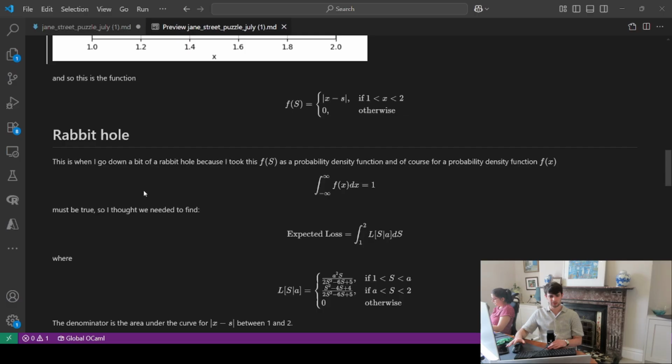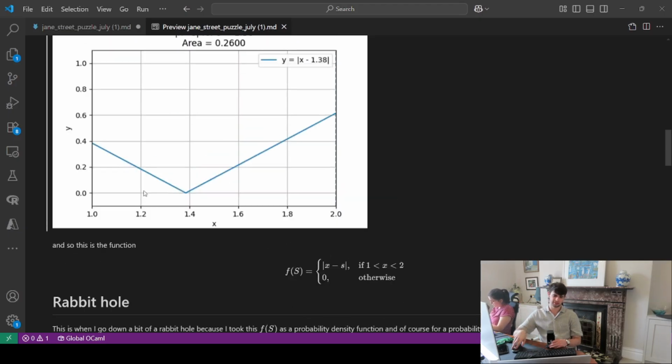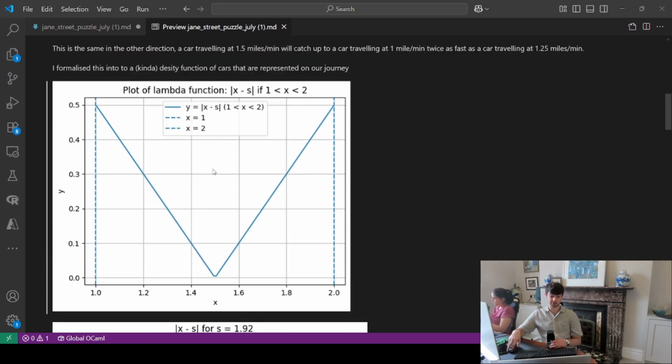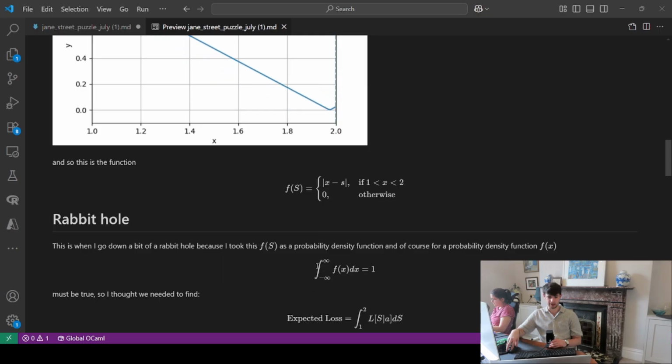Now, instead of simply putting them together, I went down a bit of a rabbit hole where I thought, okay, this is actually a probability density function. But if you do the math, the area under the curve doesn't equal 1, and for a probability density function, you have to have this being true.